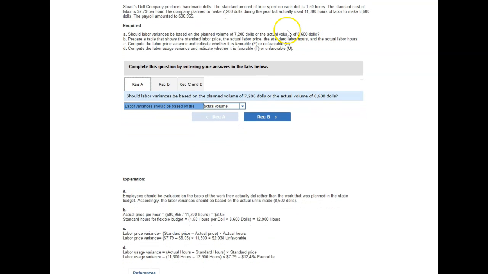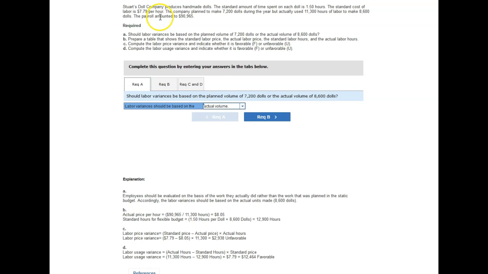Okay. We have a doll company. They produce handmade dolls. The standard amount of time spent on each doll calls for 1.5 hours. The standard cost of labor, they expect to pay $7.79 per hour. The company planned to make 7,200 dolls during the year, but actually used 11,300 direct labor hours to make 8,600 dolls.